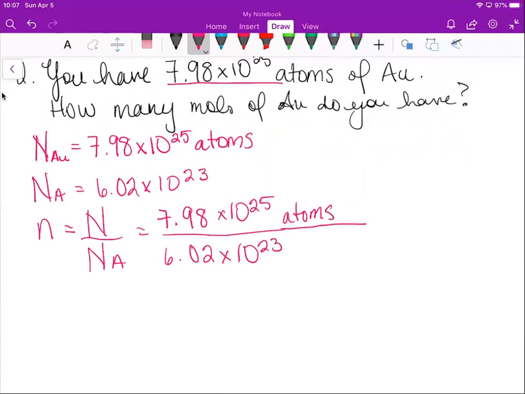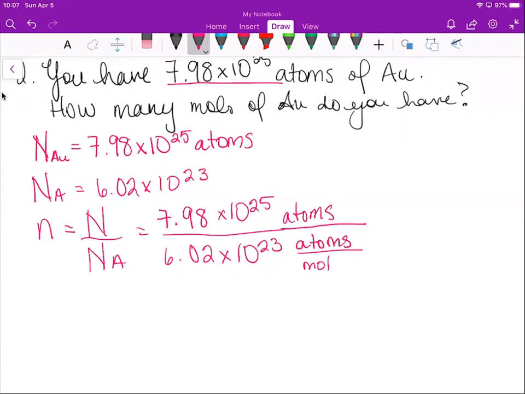So what's my unit for Avogadro's constant? Well, it's blank per mole. When we read this question, you have 7.98 times 10 to the 25 atoms of gold. So when I'm looking at Avogadro's constant here, I have atoms per mole that I'm calculating.